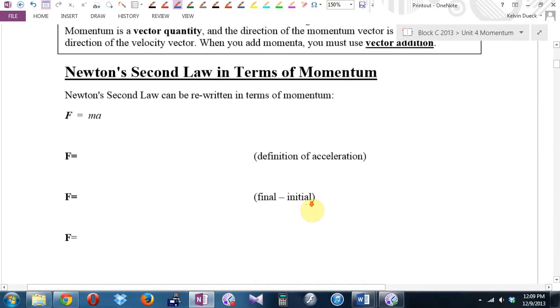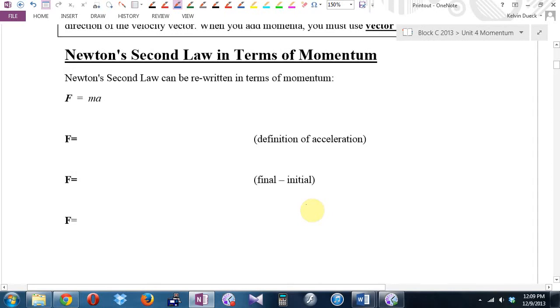Newton's second law can be rewritten in terms of momentum. In fact, this is how Sir Isaac Newton gave his second law. F equals ma. F equals m change in velocity over change in time, which was actually the definition of acceleration.